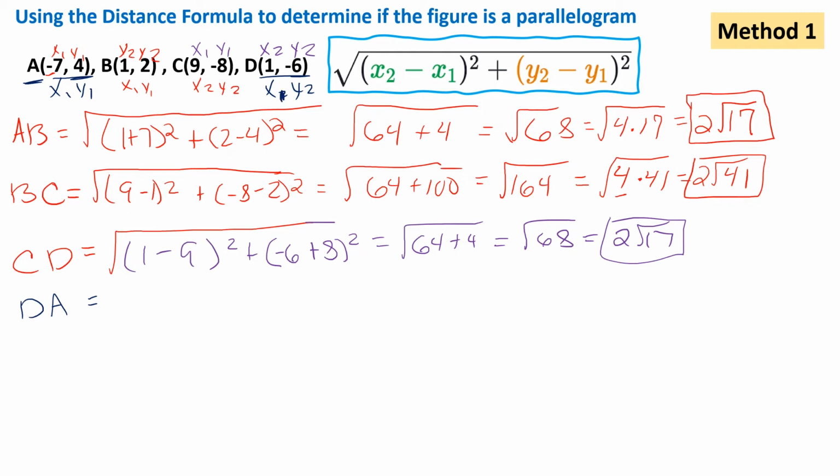I'm using DA. So x1, y1, x2, y2. There we go. But if you flip them, you will get the same thing. All right, so 1 plus 7 squared, because I have minus a negative, and negative 6 minus 4 squared.